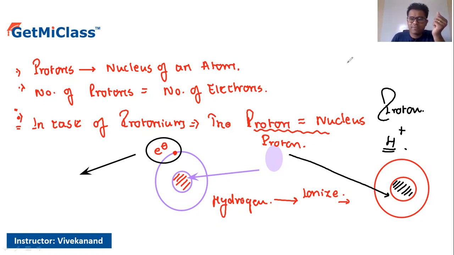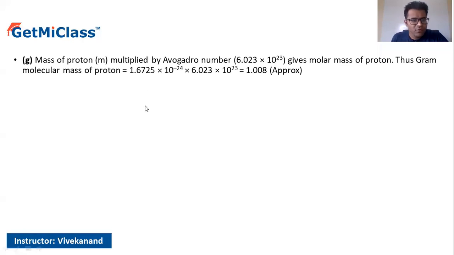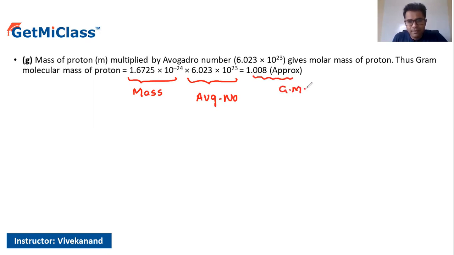So let's observe all these points one by one. First, the mass of the proton, as we have already seen, was 1.008. We got that by multiplying the mass of the proton with Avogadro's number, so this is the gram molecular mass.